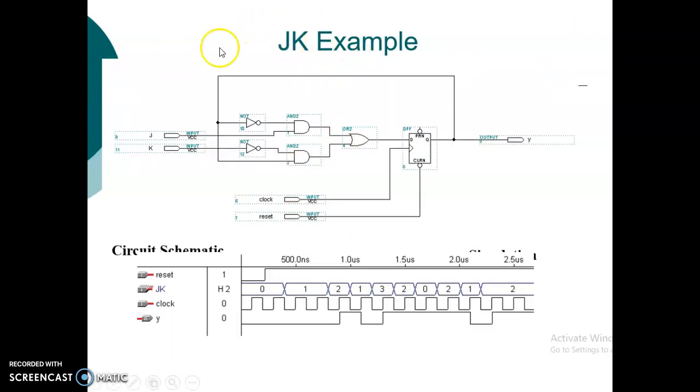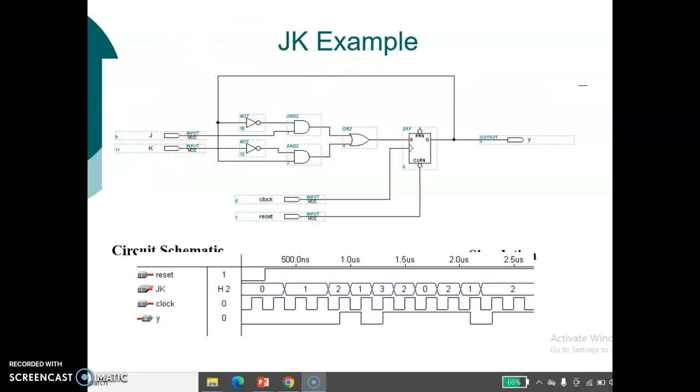And in this JK example, in the circuit schematic, what is happening we will see in the timing diagram.